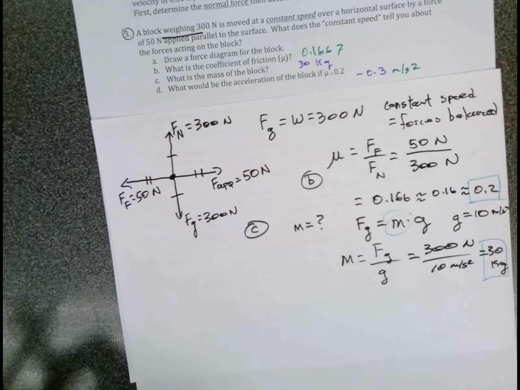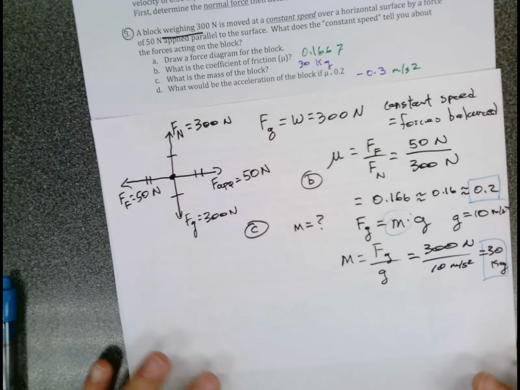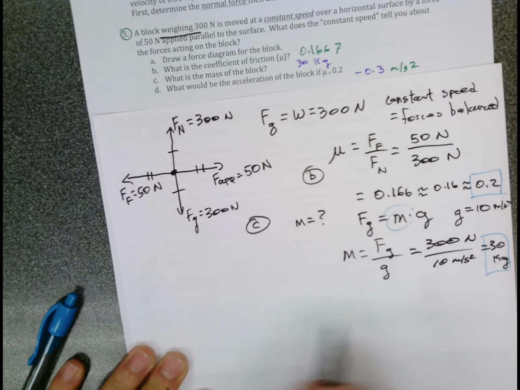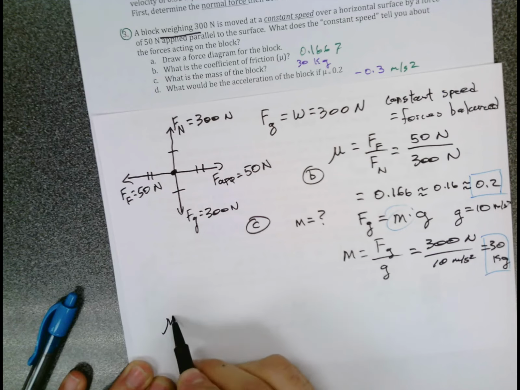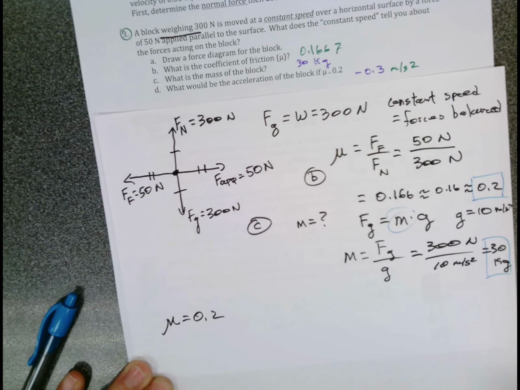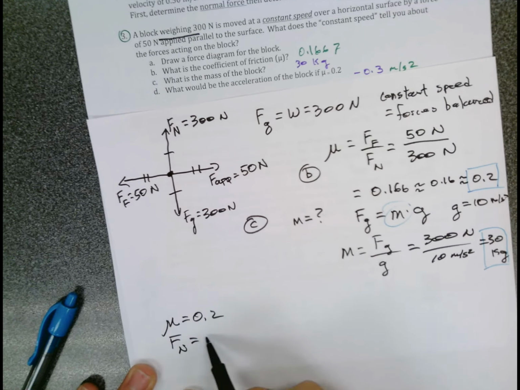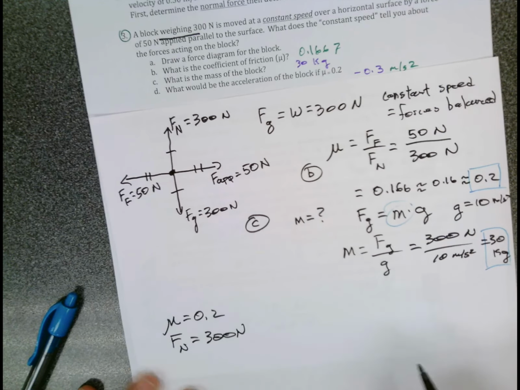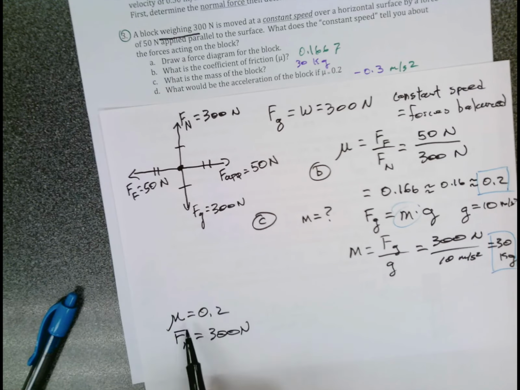For D, what is the acceleration of the block if the coefficient of friction were to be mu is equal to 0.2? If mu is equal to 0.2, we know that our normal force is still 300 newtons. But since the coefficient of friction changes, that means our force of friction will change. If our force of friction will change, we have to use the equation to calculate that.